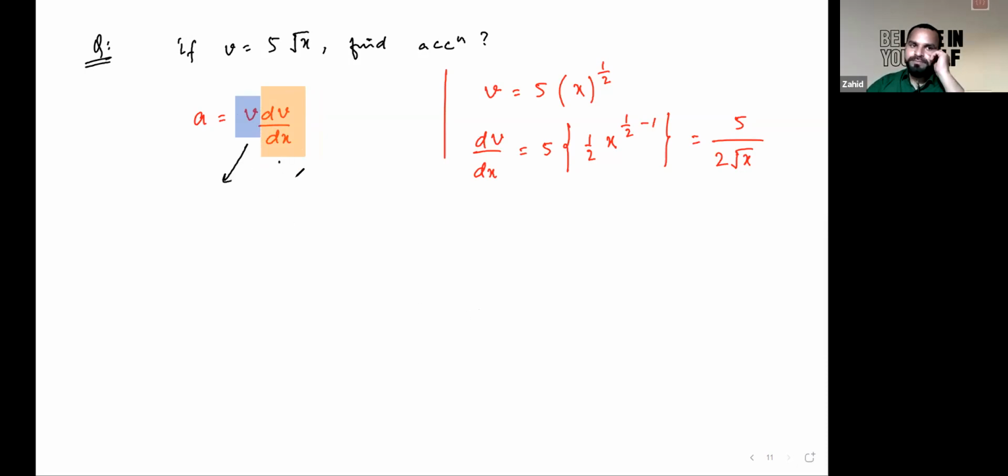Put the value of each term, you will get acceleration.